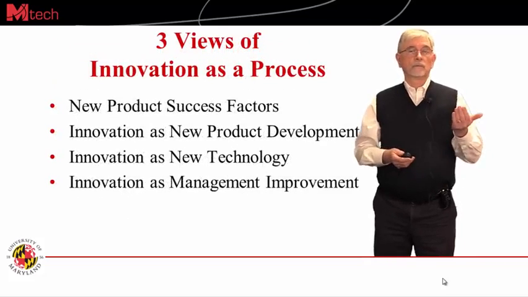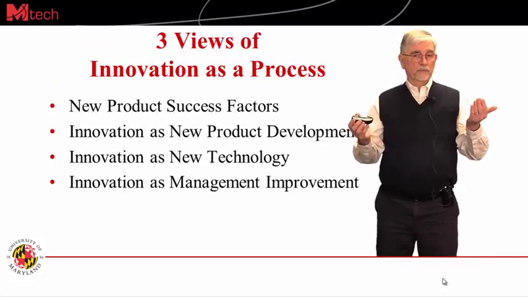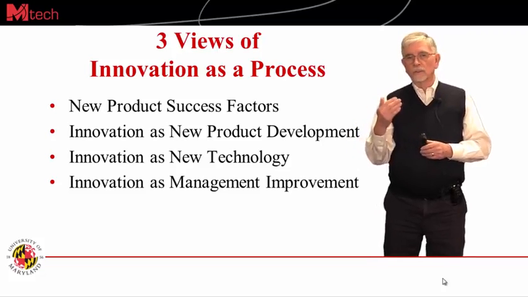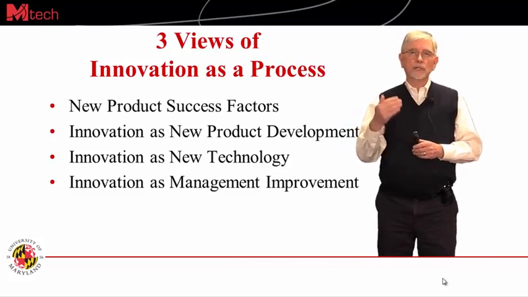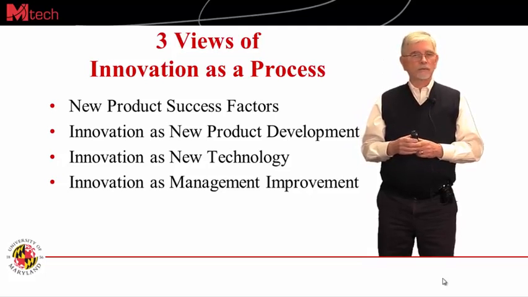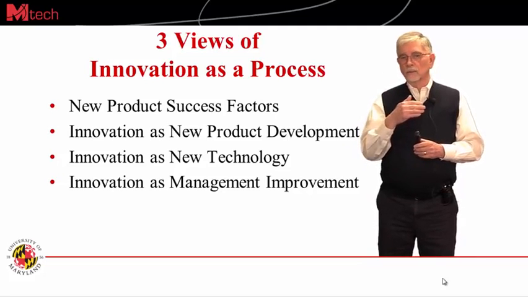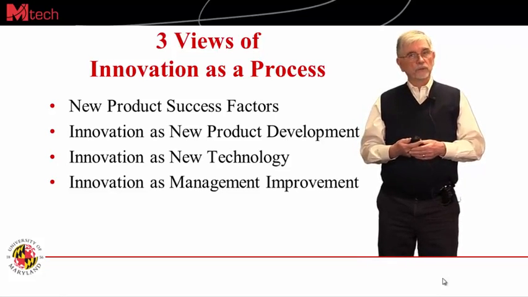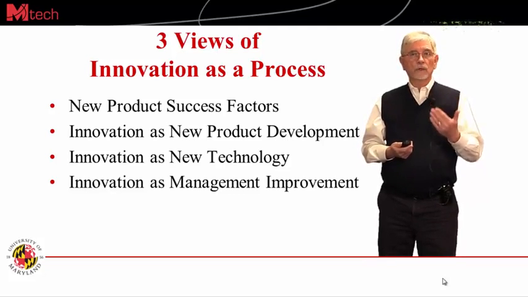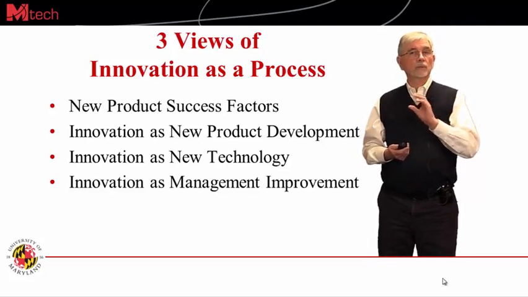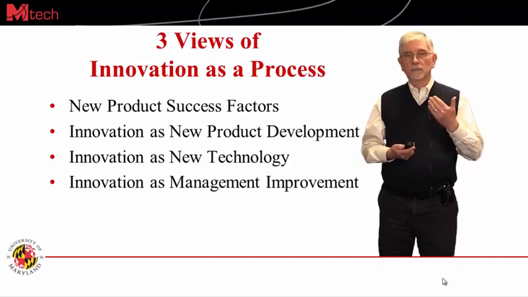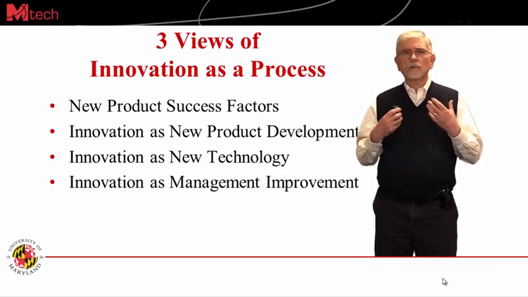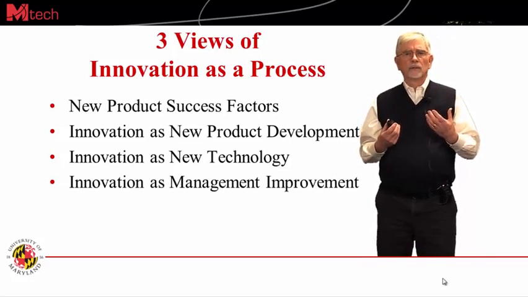So we can look at three views of innovation as a process. There are new product success factors, and the process that you can use to get to a new product has innovative success factors, and you can look at innovation as new product development, which is the very common way in which innovation is looked upon, because we usually can identify and recognize innovations as products, the products that we use, the smartphones, the televisions, the clickers, all the different tools that we have that are products.